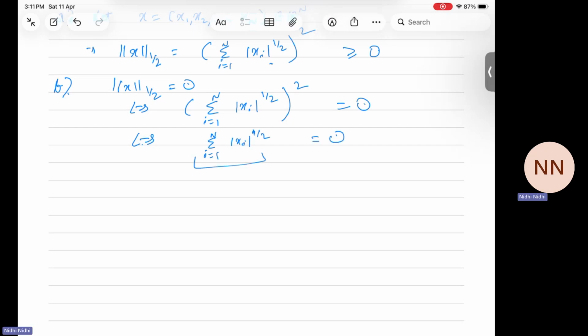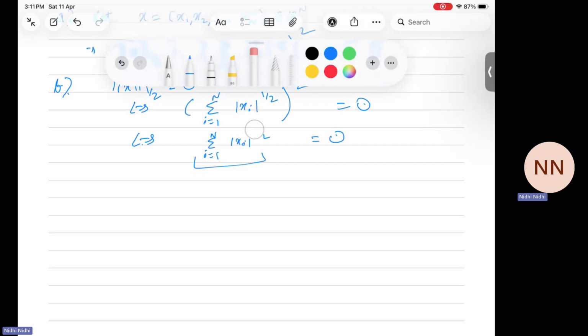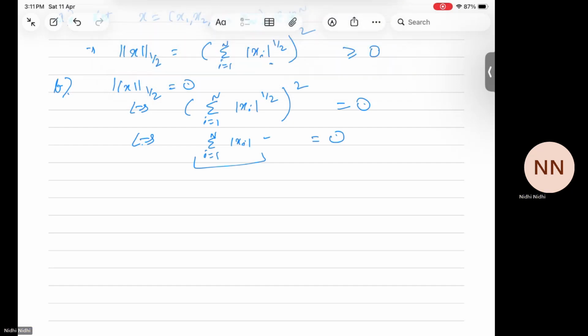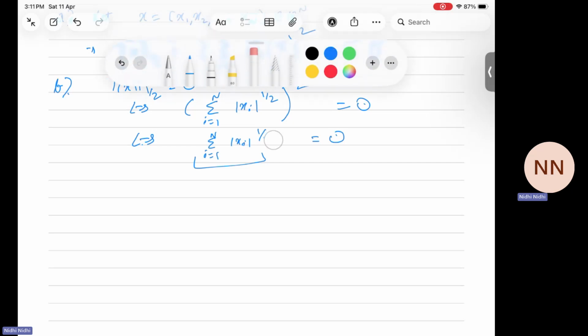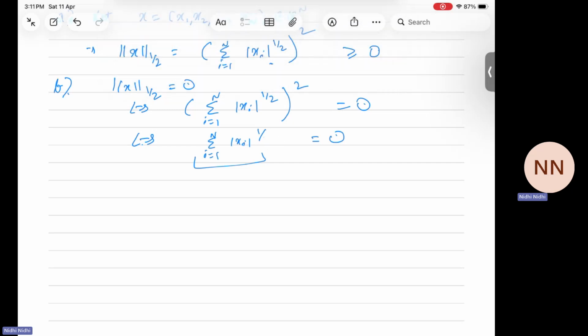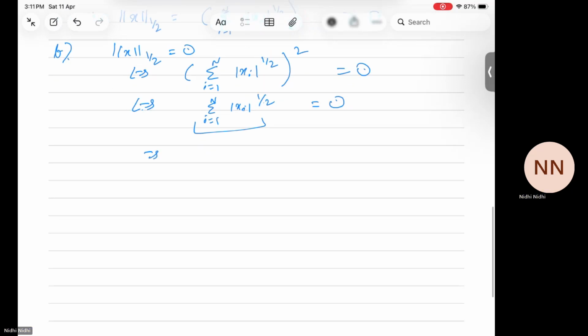Now this is an addition of some positive real numbers, and that is turning out to be 0. This is possible only if all of the terms were actually 0, because we all know that if we add up some positive real numbers, they will give us again a positive real number. So getting 0 in that case is possible only if all the terms were actually 0.